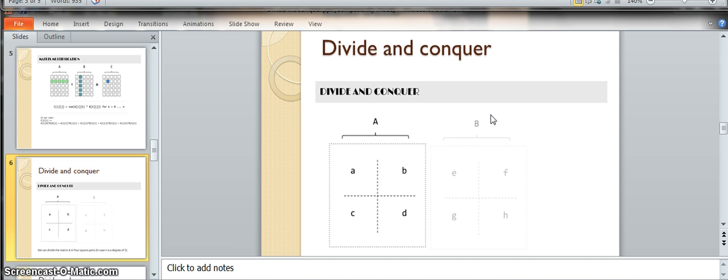As we know, we can divide a matrix into smaller submatrices. For example, if A is a matrix of n cross n, then we can divide A into smaller submatrices like this. Each is an n by 2 into n by 2 matrix.